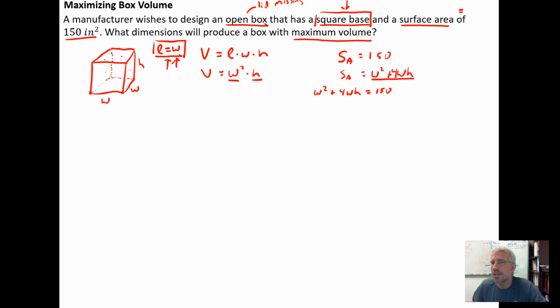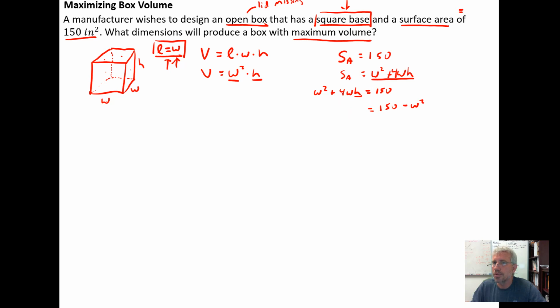So I want to identify which of the 2 variables, W or H, is less complicated to solve for. In this case, hopefully it's clear that H will be easier to solve for than W would. So I'm going to go ahead and solve for H. I would subtract W squared from both sides.